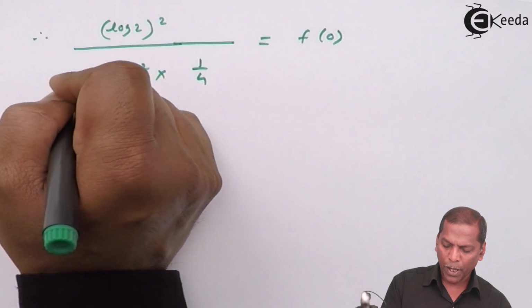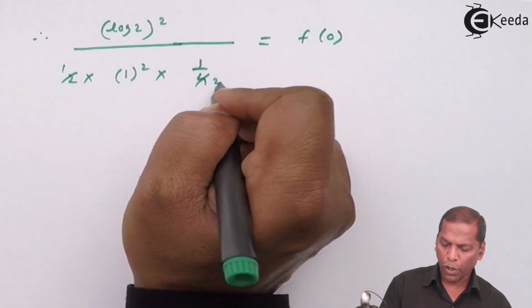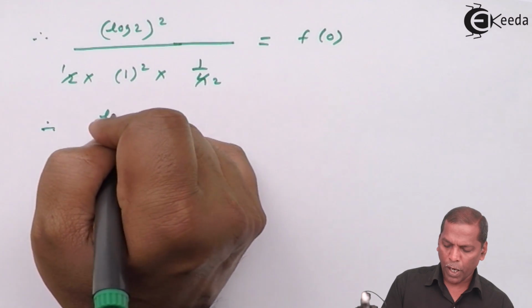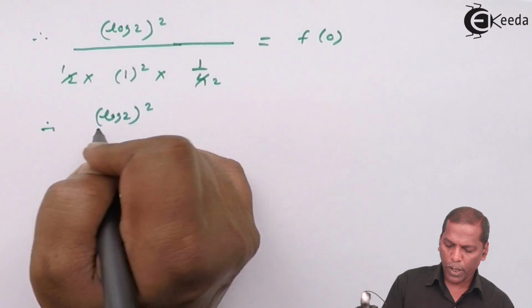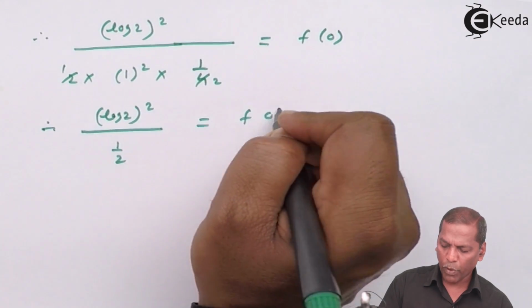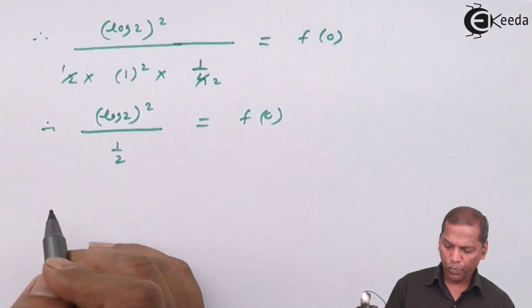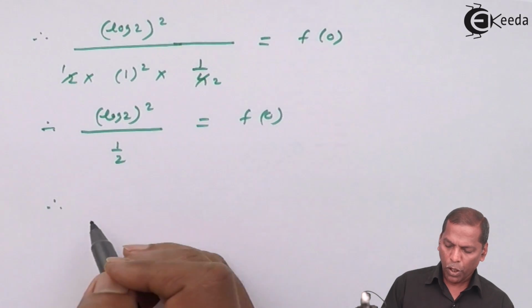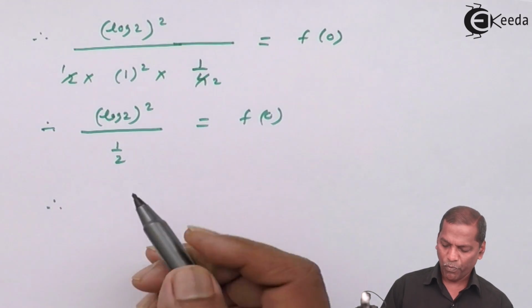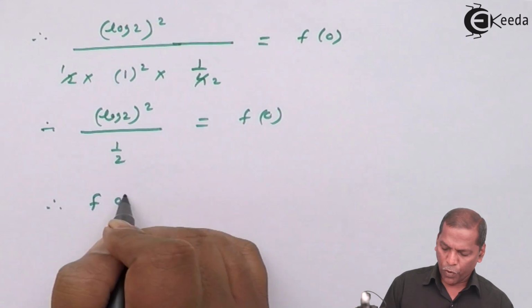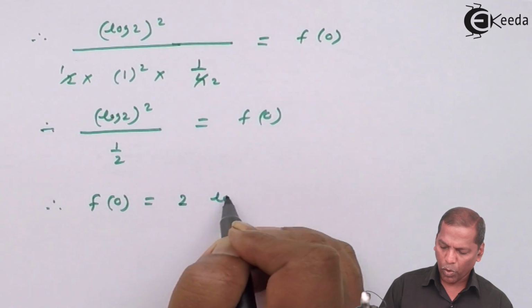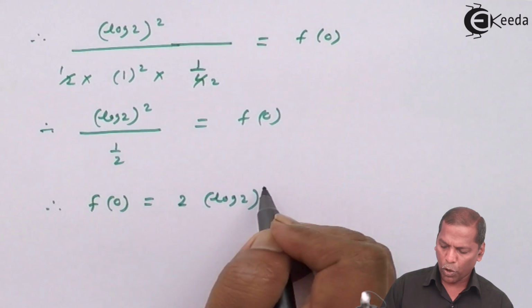Now here we go for cancellation, that 2 ones are 2 and 2 twos are 4. So on simplifying further, we have (log of 2) the whole square upon 1 by 2, and that equals f of 0. Therefore, this 1 by 2, if we take it in the numerator, becomes simply 2. So therefore, f of 0 is equal to 2 times (log of 2) the whole square.